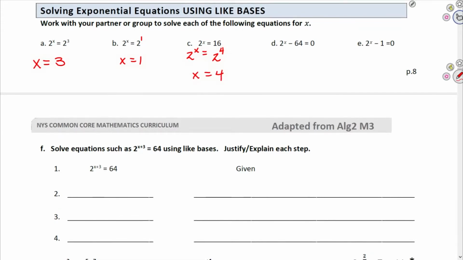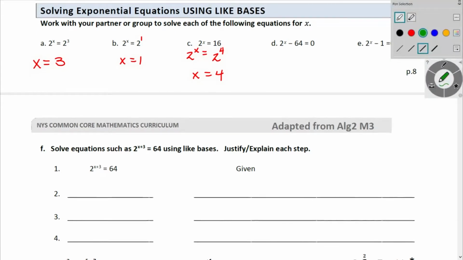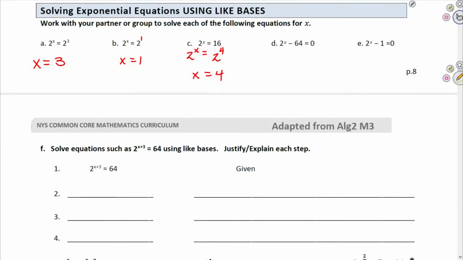Okay? And that's really the key to solving equations with like bases. If you can write them as the same base, then you put the exponents equal to each other and solve. In letter D, let me switch colors here because I've been using red for a while. In letter D, I have 2 to the x minus 64 is 0, and I'd rather deal with the 64 on the other side of the equal sign.